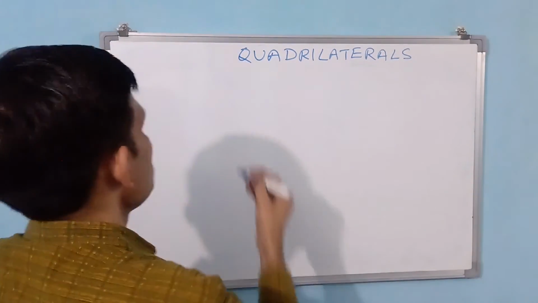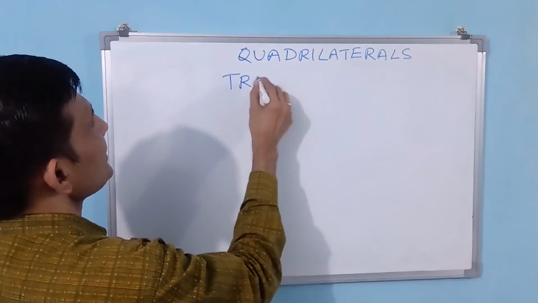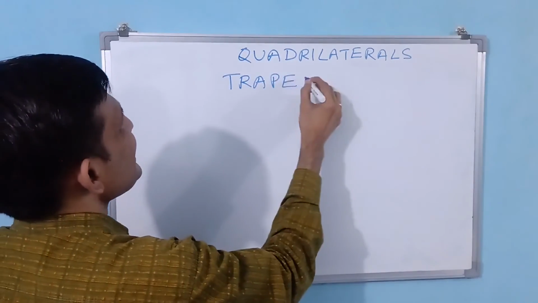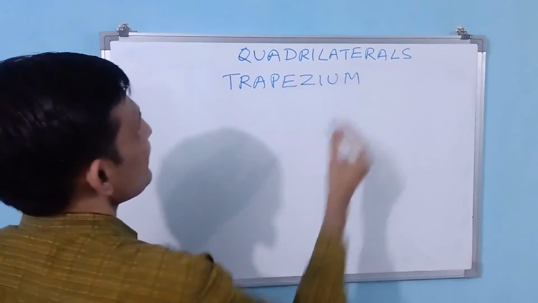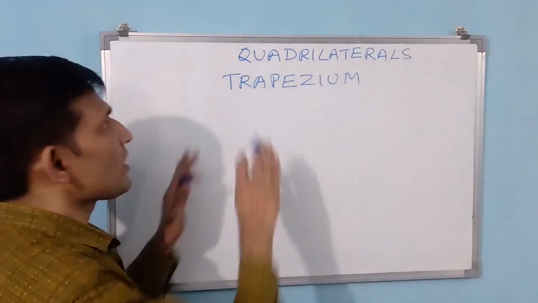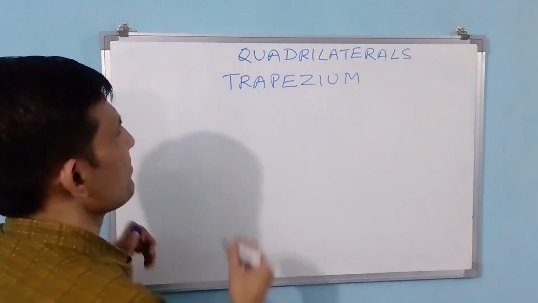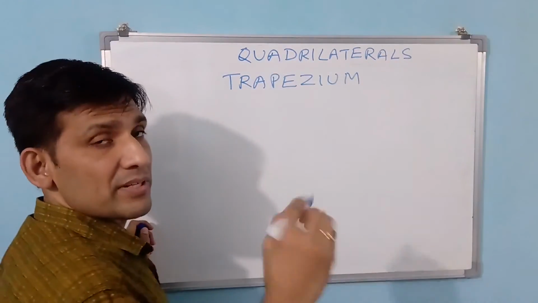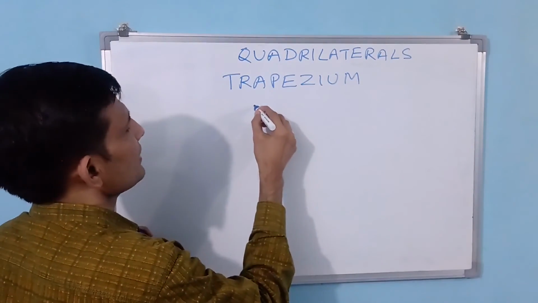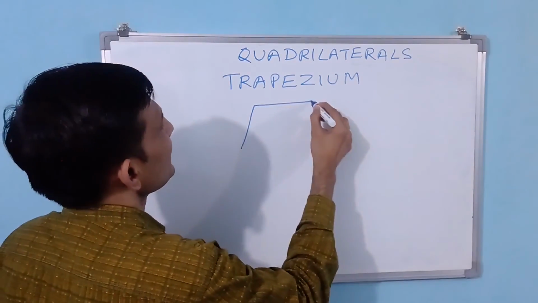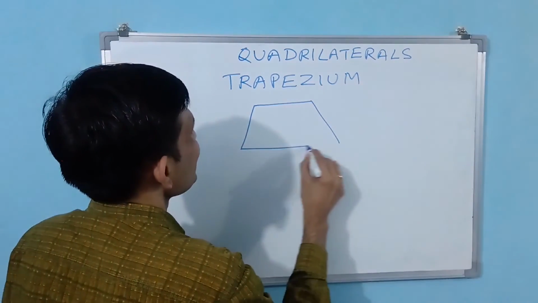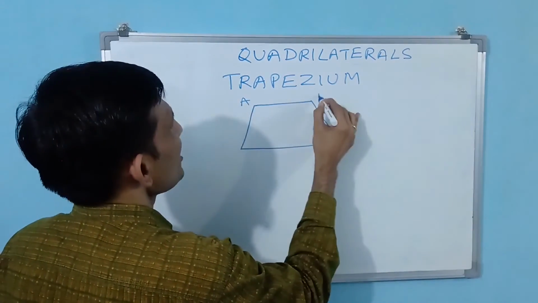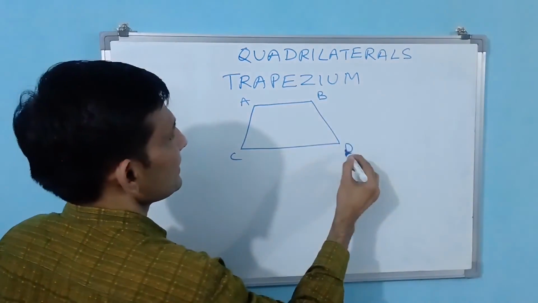Next figure is trapezium. We are talking all about quadrilaterals, four sides. Trapeziums, different types are there. Irregular figures we can say. This is also trapezium.